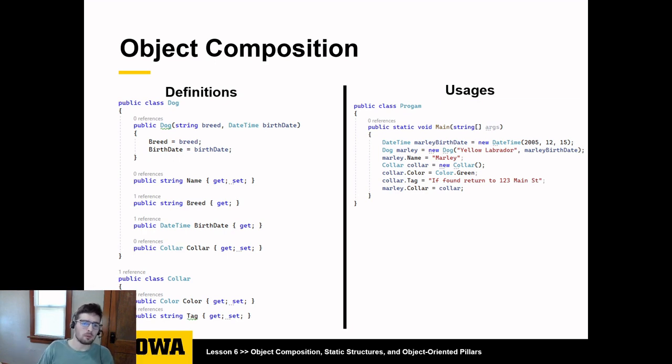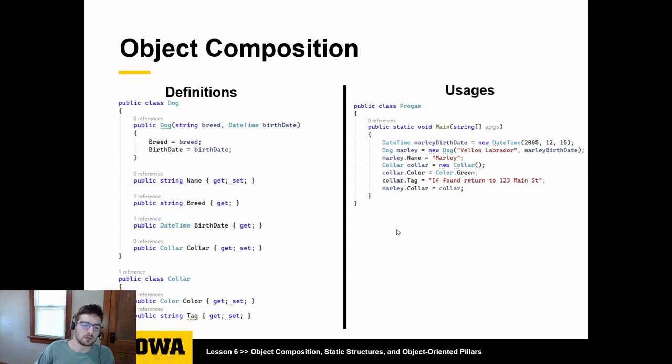And so now when we look to use our dog objects, we have a little more work to do. You can create your dog, and you can set the simple property. So you can just say name equals Marley. But to set a collar on the dog, now you've got to create another object to put in the holding spot for collar.